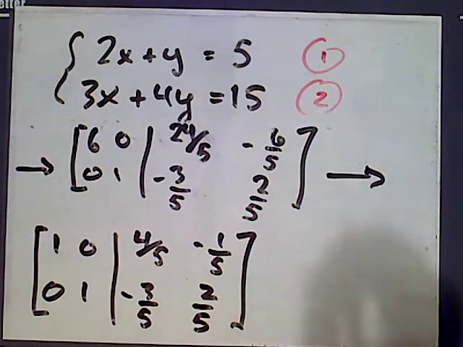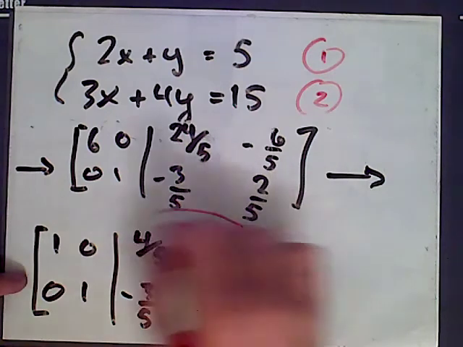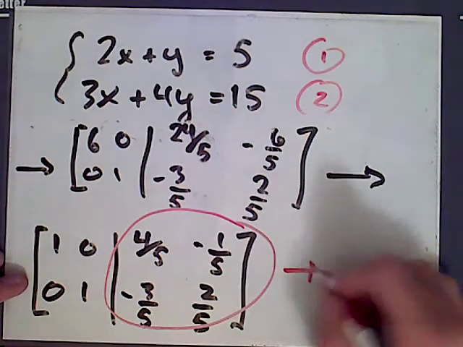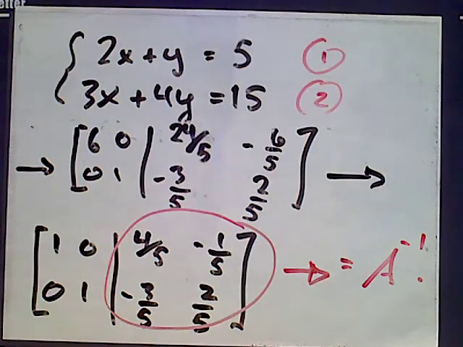What does this tell us? What this tells us is the inverse. This equals A inverse. I haven't shown you exactly why that's the case, but the general idea is that the row operations that take A to the identity matrix take the identity matrix to the inverse of A. I can show this explicitly in another video.